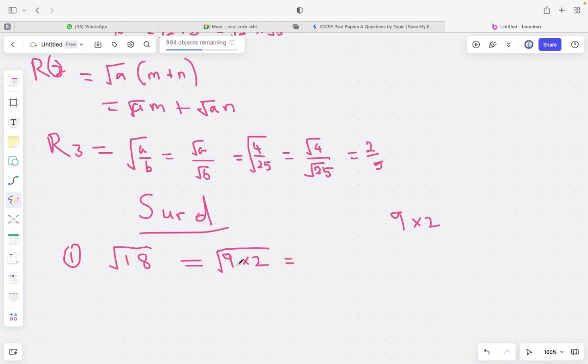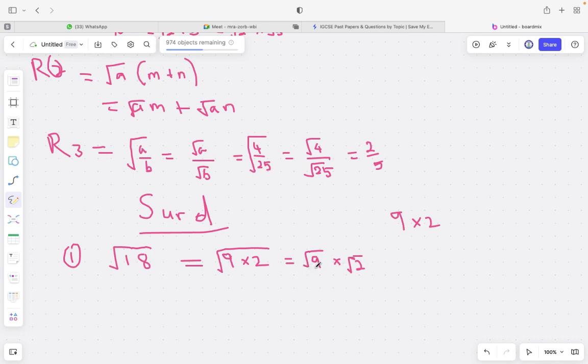Rule 1 says that when you have 2 numbers like this, you should put the root on each one. So the root will be root 9 separate times root 2 separate.